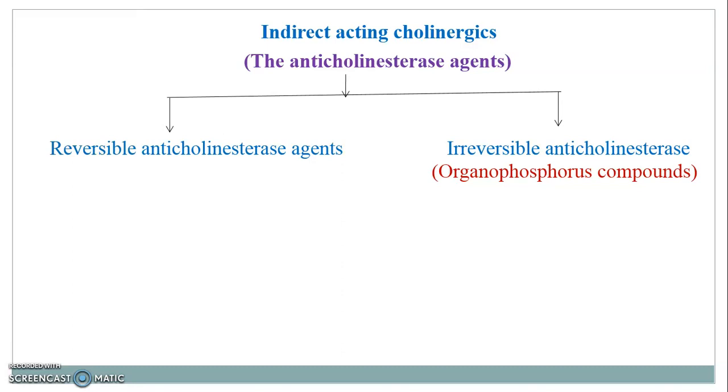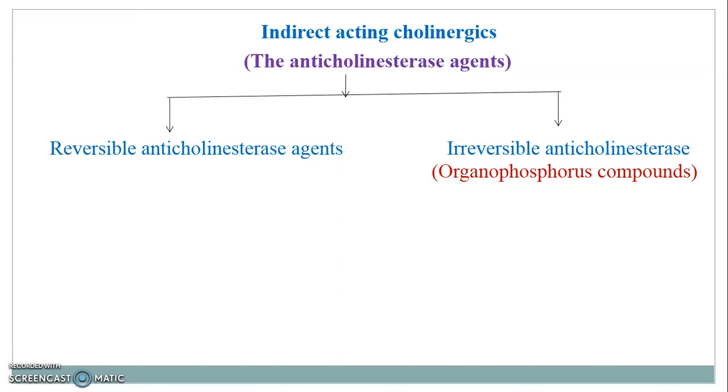These reversible anticholinesterases are of two types chemically. Carbamate ester derivatives, for example physostigmine, which is a carbamate ester derivative including tertiary amines, and another example is neostigmine, which is a carbamate ester derivative having a quaternary amine. Further, there are simple quaternary ammonium compounds, for example edrophonium.